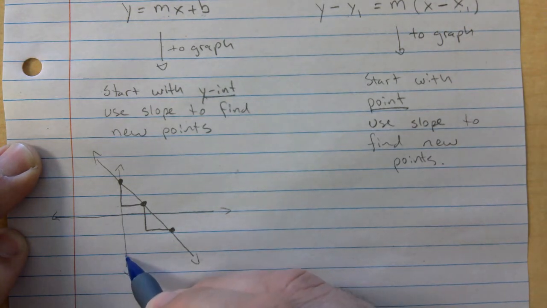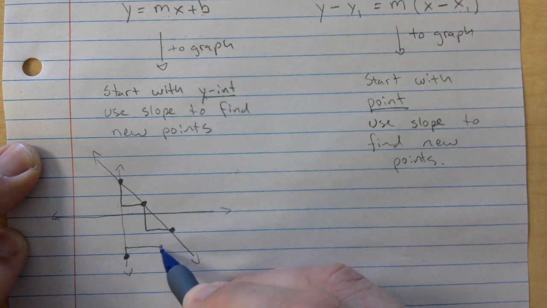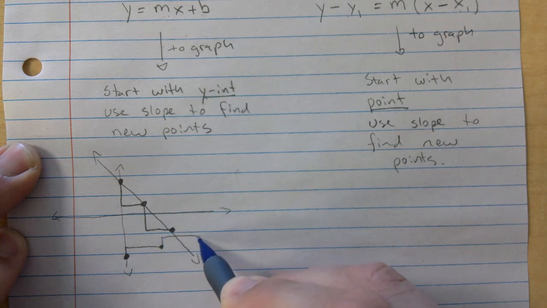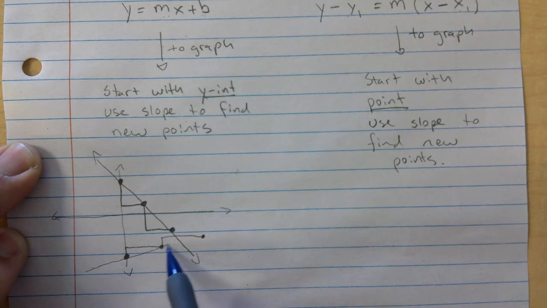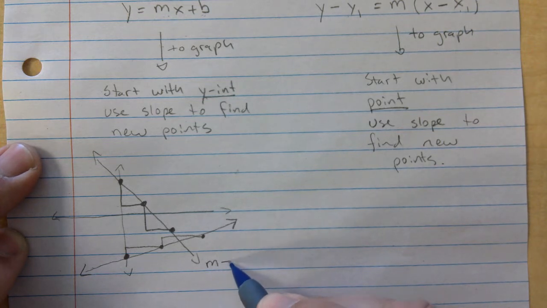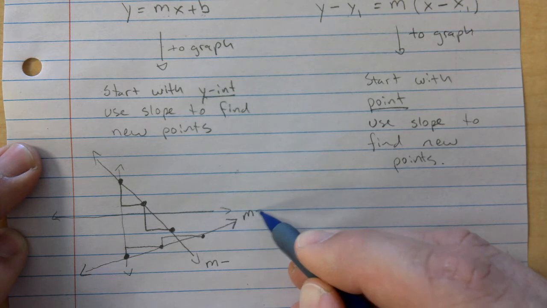Or you could be starting here, and let's say it's a 1/5 slope, right? 1, 5, 1, 5. It should be consistent, right? Then you have 3 points, you graph it, and there's your line. Okay, this one will have a negative slope, and this one will have a positive slope.